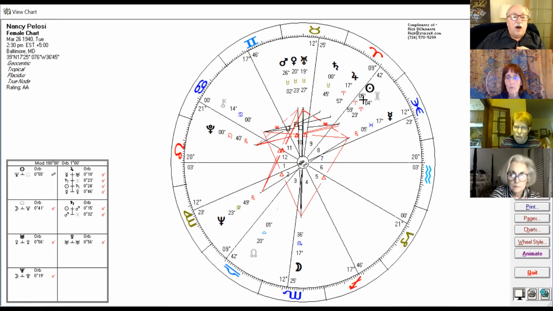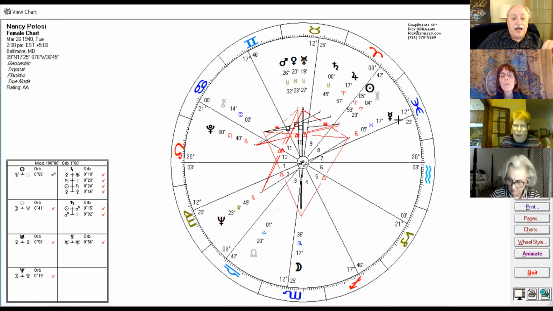Now we get her true rising sign, Leo's rising. So in astrology, the 3 main things about you are your sun sign, your moon sign, and your rising sign. The rising sign is the same as the ascendant. If she was born at noon, the sun in Aries would be up here.